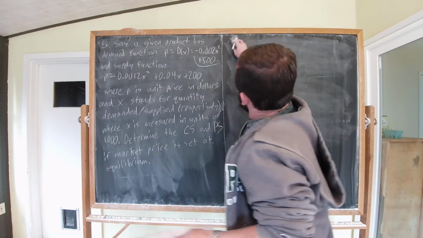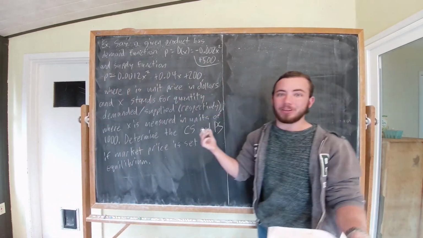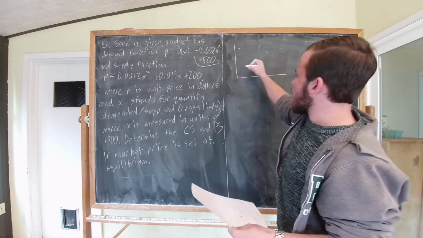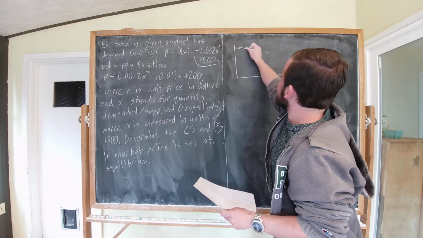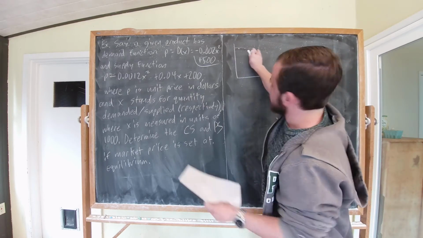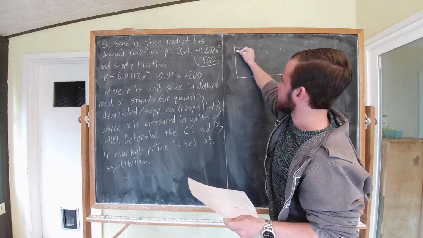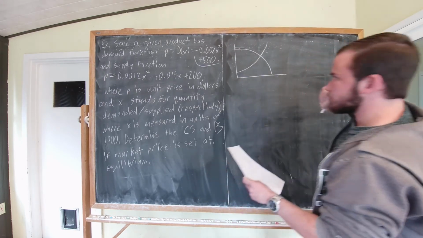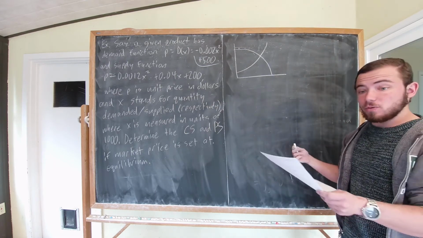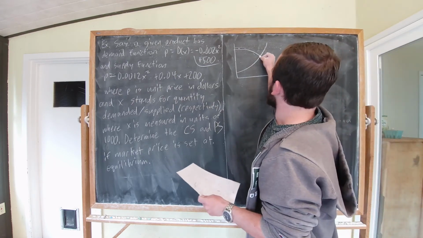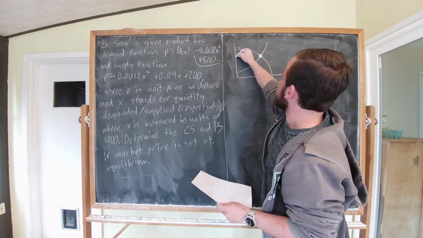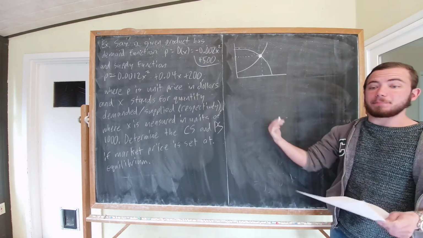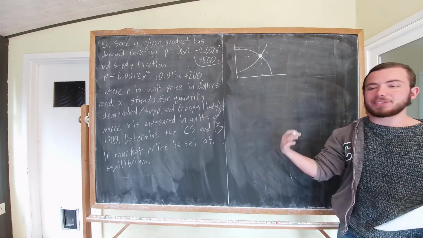Alright, for those of you who don't remember your economics classes, equilibrium market price is if you have the demand curve, which in this case would look something like this, and the supply curve, which looks something like that, on the same graph, then the equilibrium price is the price that comes at their intersection, where basically the amount that people are willing to buy and the amount that people are willing to sell is the same.